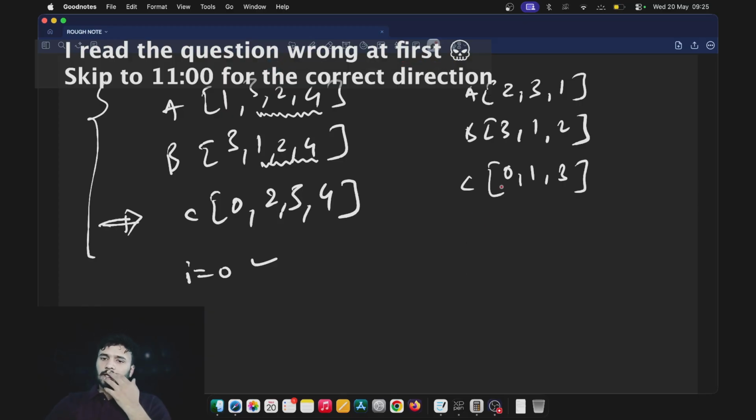Let's see. The one thing I'm figuring out is that the answer's 0th index looks like it's always 0. But let's see for index 1, how many elements before and after are common in both? There is one element before and after for this index, right?